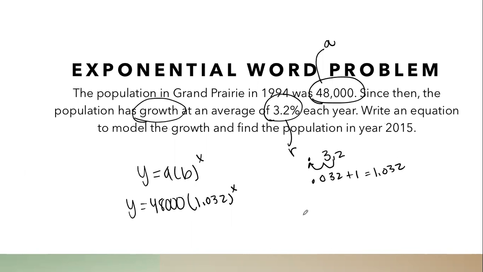Wait, how to change it is on our formula chart, right? Percent to decimal? No, r is not on it. The formula chart doesn't even give you anything about exponentials.